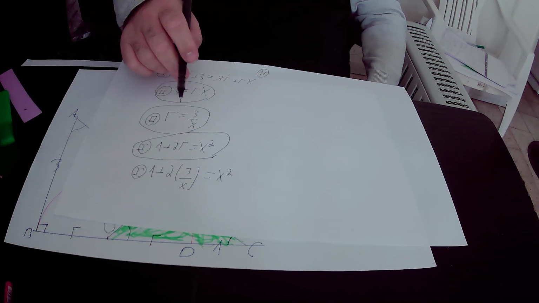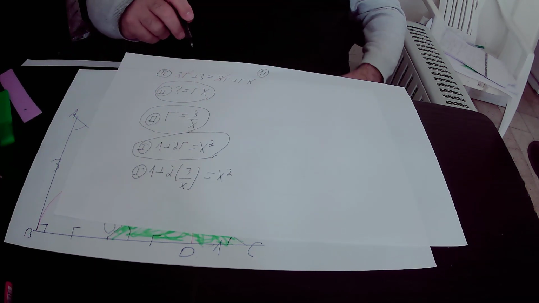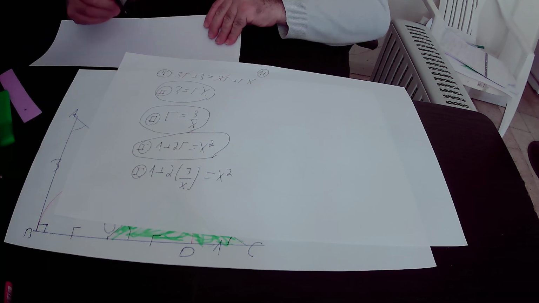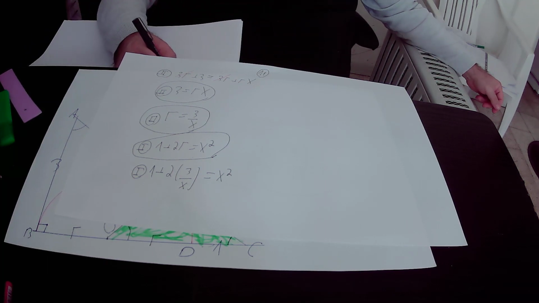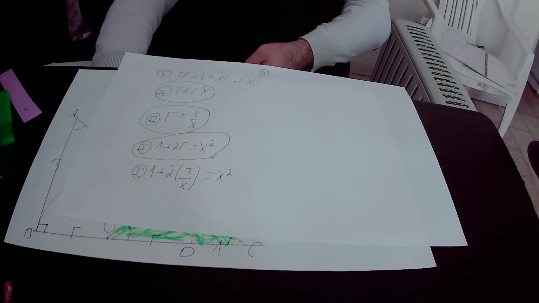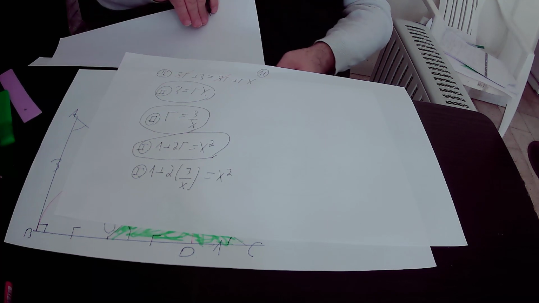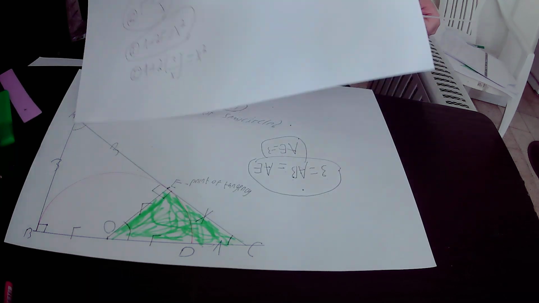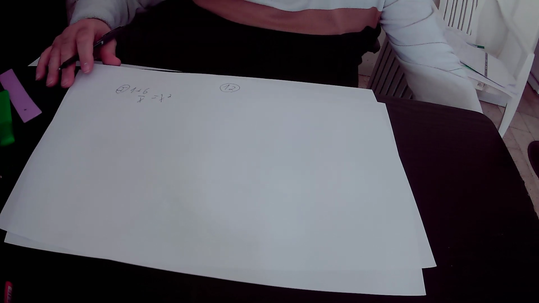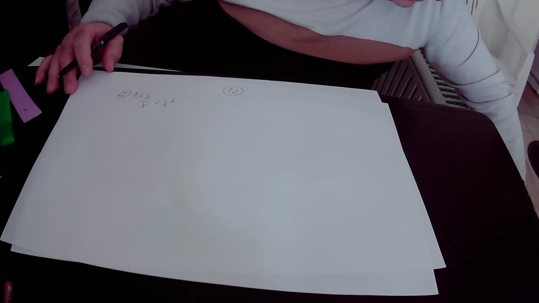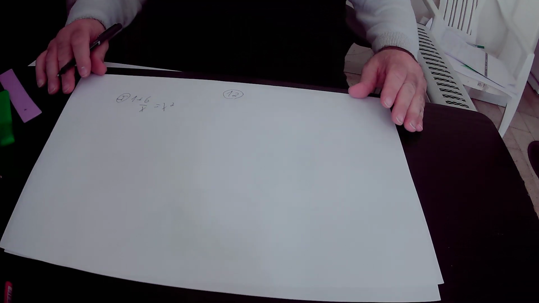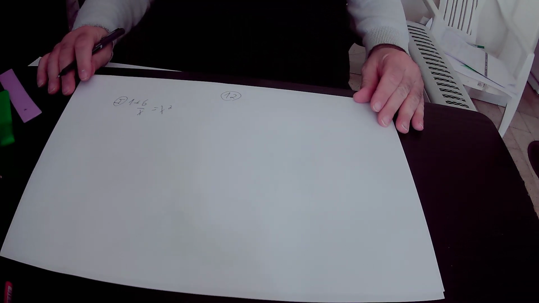So according to equation number 1, 1 plus 6 over x equals x squared. So we found that 1 plus 6 over x equals x squared.